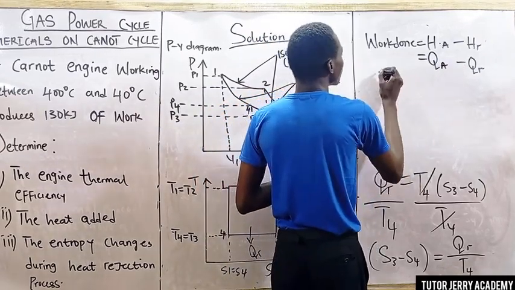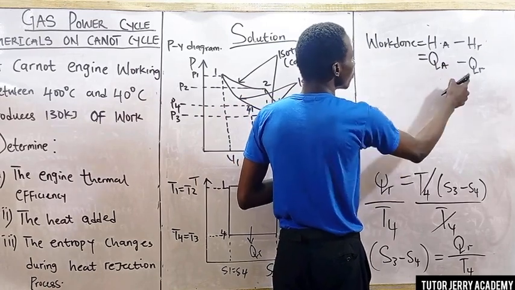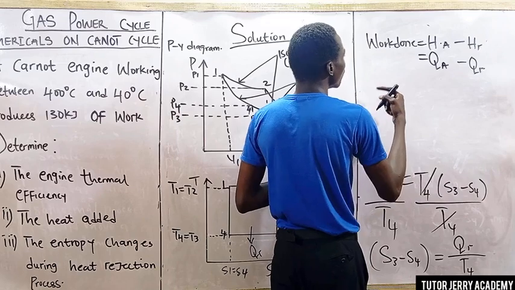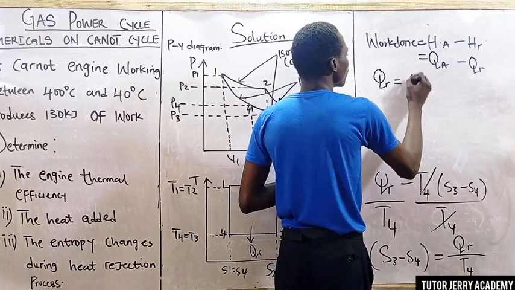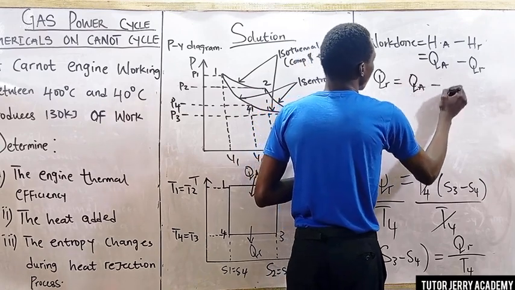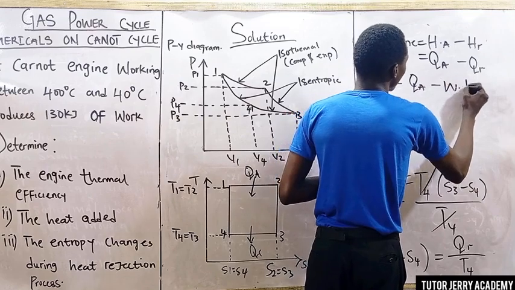So Q_R, which is our heat rejection, will be equal to heat added minus work done.